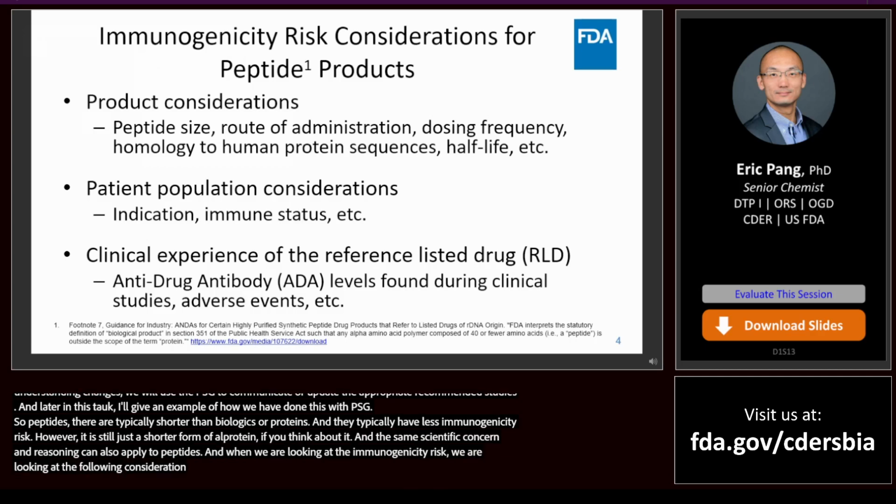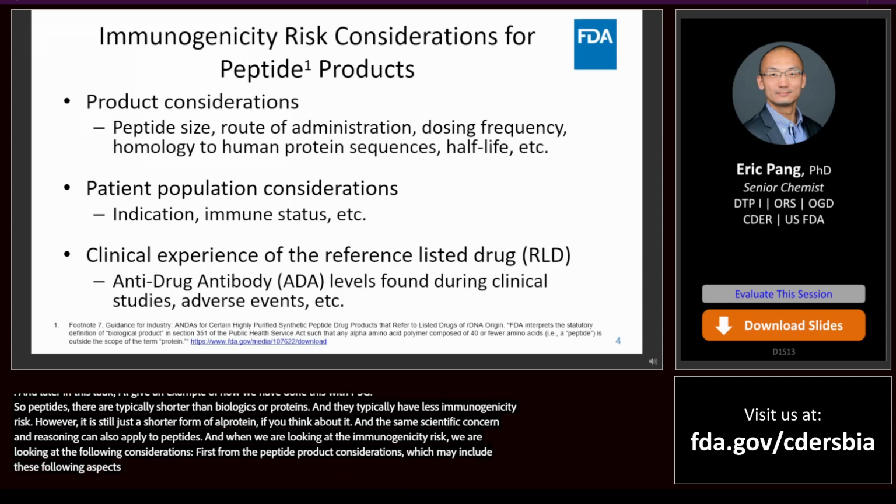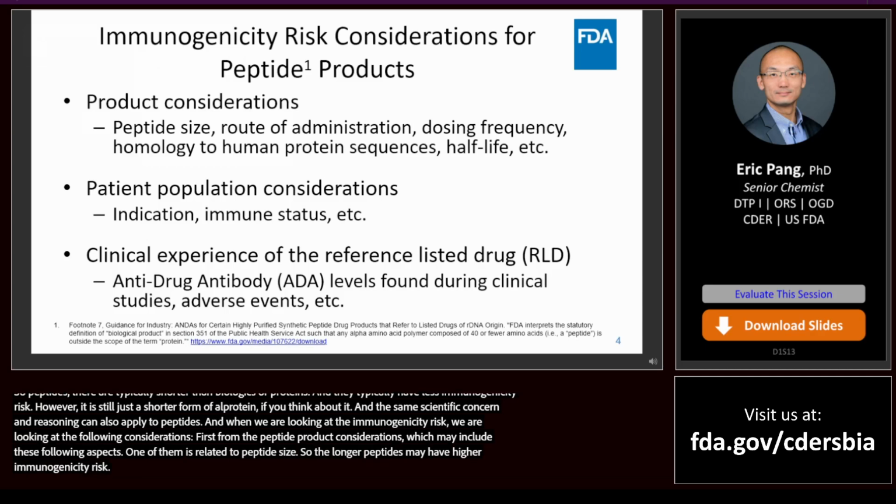First, the peptide product considerations, which may include the following aspects. One of them is related to peptide size. Longer peptides may have higher immunogenicity risk compared to shorter ones because they may contain more HLA binding epitopes. The route of administration should also be considered because certain routes, such as sub-Q injections, will be more risky than, say, the oral route.